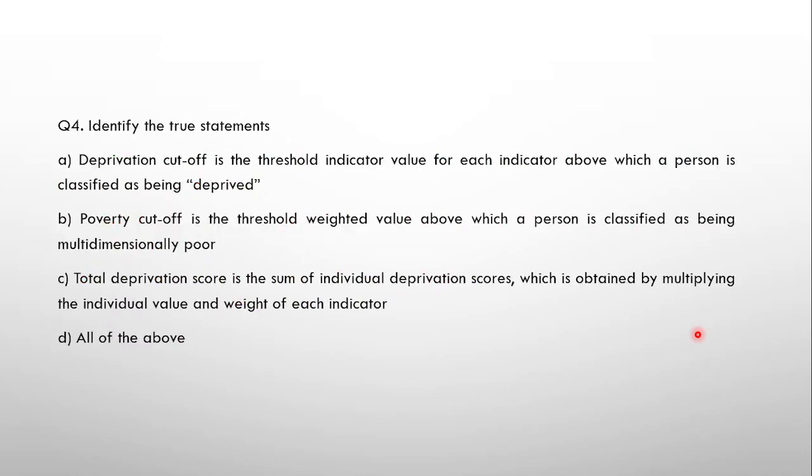Right. So identify the two statements. A, deprivation cutoff is the threshold indicator value for each indicator above which a person is classified as being deprived. So that means you have the deprivation cutoff, and you see whether that person has exceeded it. Actually, it does not have to be above; I need to change the wording.